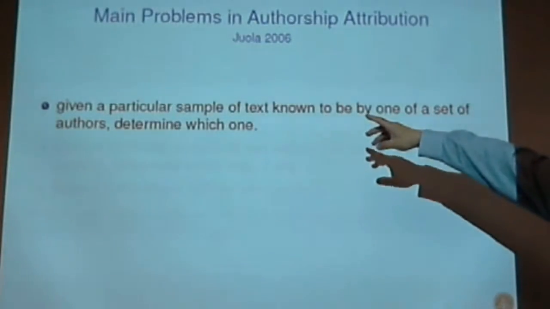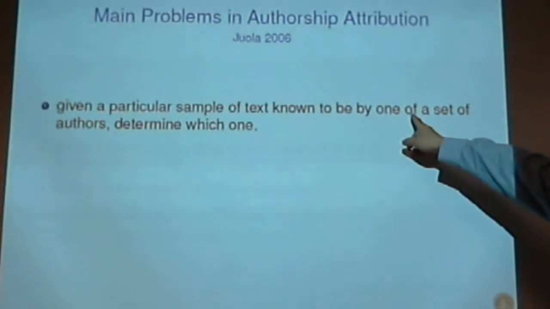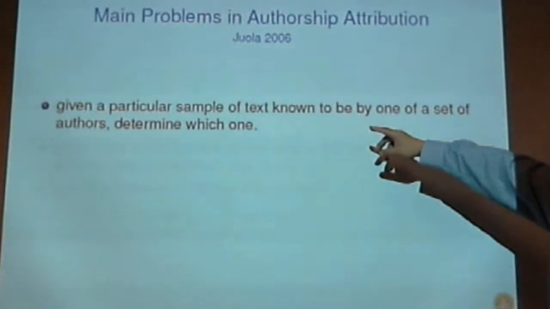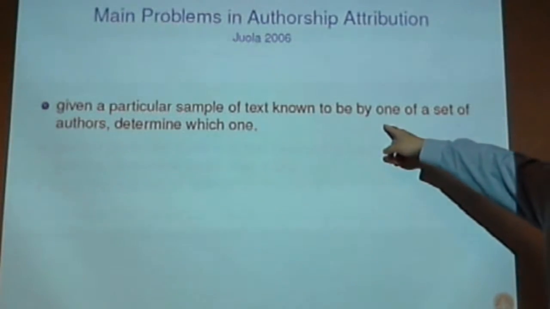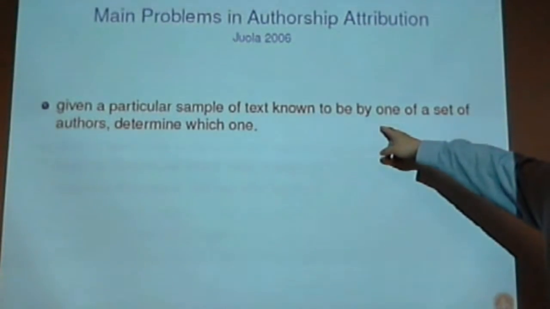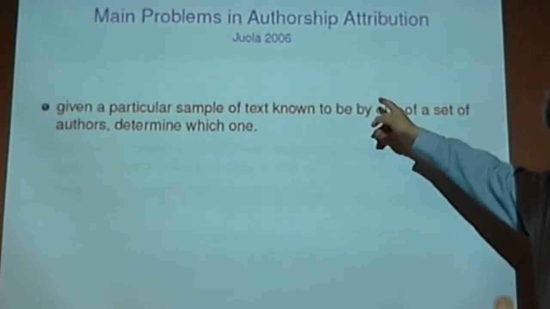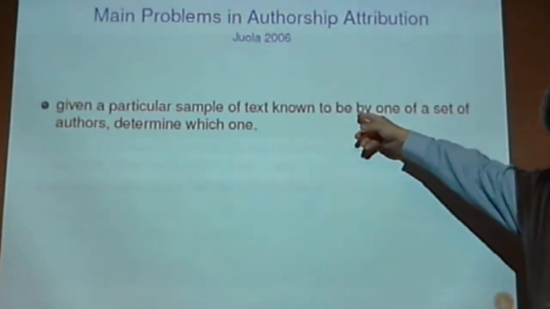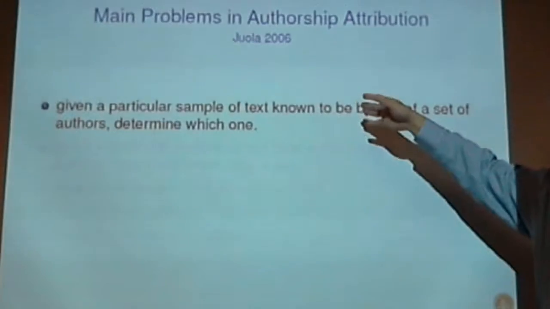Given a particular sample of text known to be by one of a set of authors, determine which one. This is sort of classification, in a sense. Or not exactly classification, because although you know the number of groups, the authorship may not be known, so this is semi-classification. It's a machine learning problem that is a crossbreed between supervised learning and unsupervised learning, or at least the number of groups is known in this case.